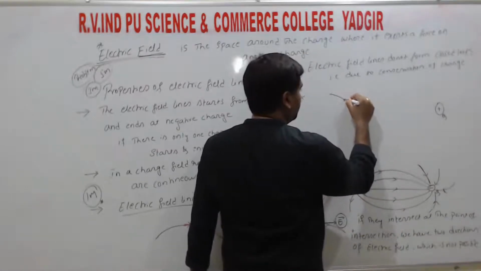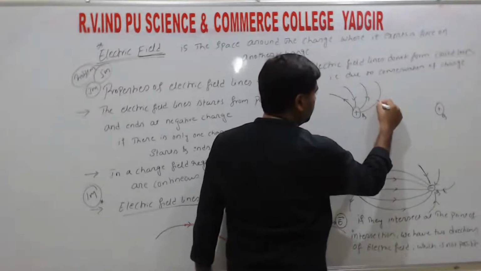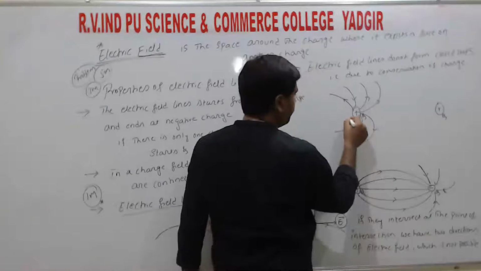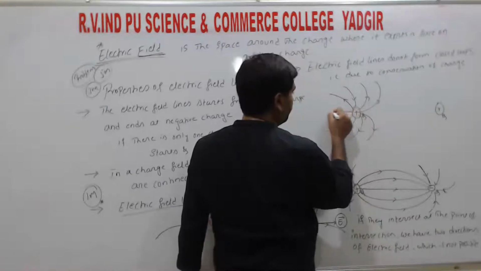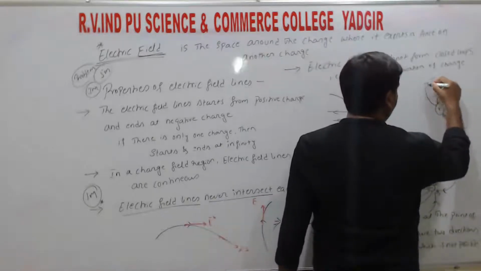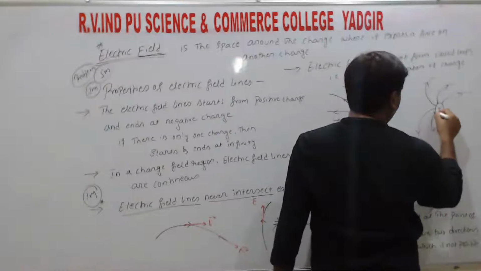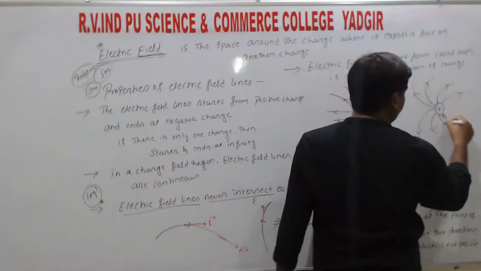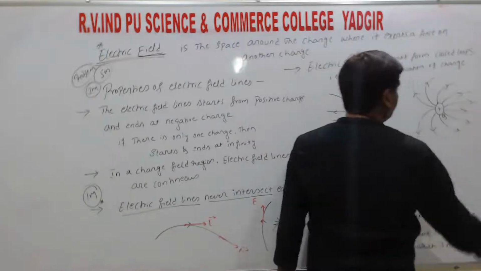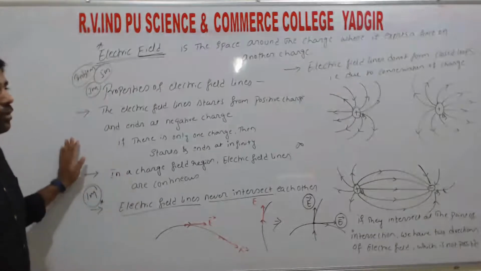So electric field lines will be formed like this.